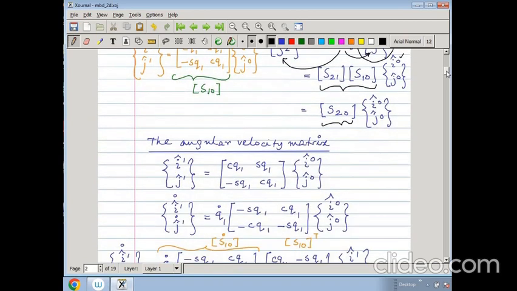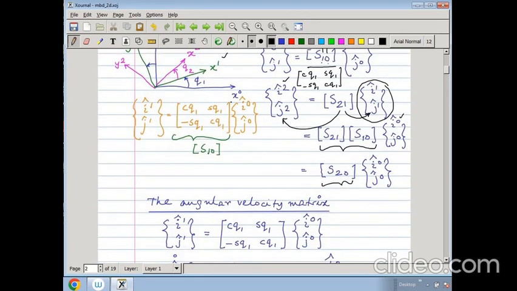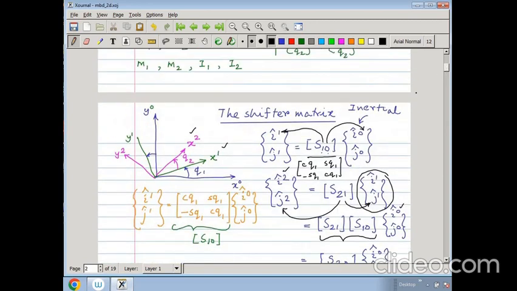Now what is the derivative of I1 J1? See, I0 J0, I0 is along this and J0 is along this. So they are unit vectors. They have magnitude of 1 and the directions are also constants as they are fixed to the inertial references.